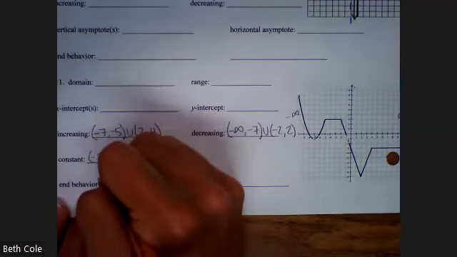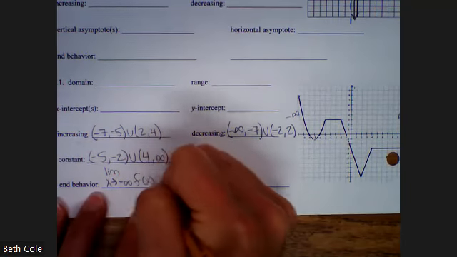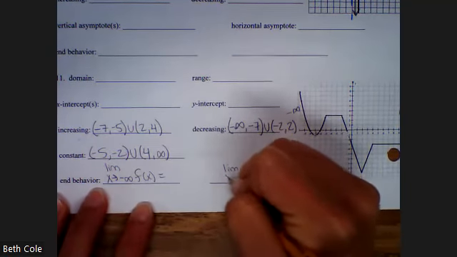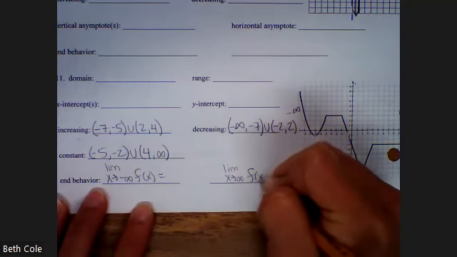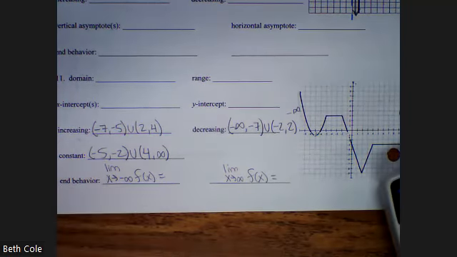And then we'll just do the ends, because again, I want you to get used to this notation. Negative infinity is the left end, positive infinity is the right end. Just go ahead and set it up and then we'll answer it.